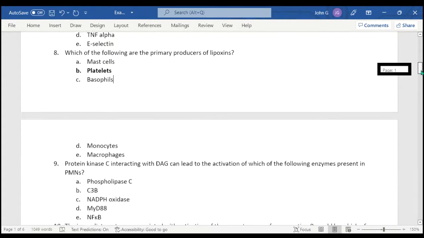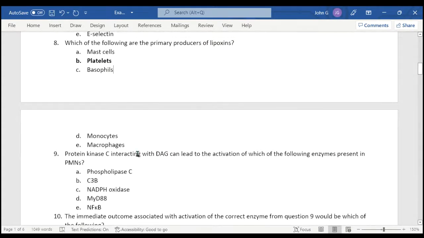Protein kinase C interacting with DAG can lead to the activation of which of the following enzymes present in neutrophils, PMNs? Okay, so in my opinion, there's actually not really a correct answer here, but you can narrow this one down. Neither of these are enzymes. The only two enzymes here are NADPH oxidase and phospholipase C. You might remember that phospholipase C is the enzyme that cleaves PIP2 into DAG and IP3.